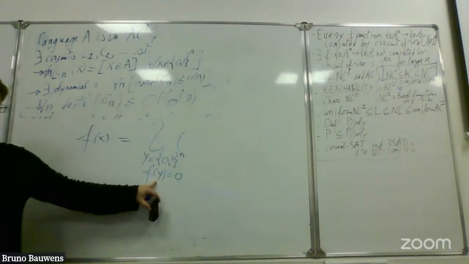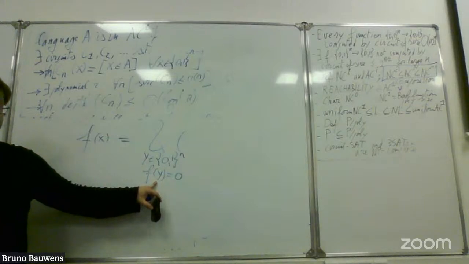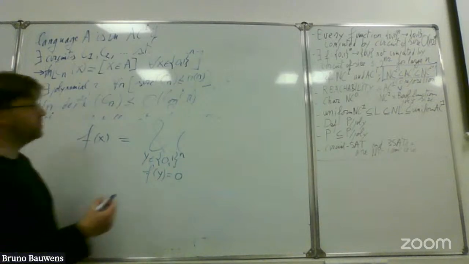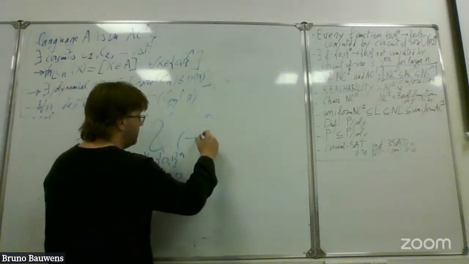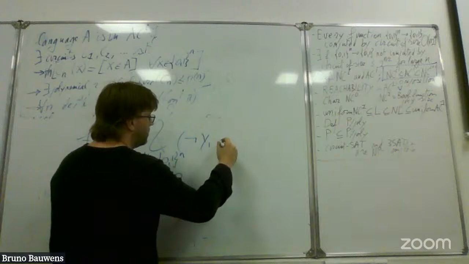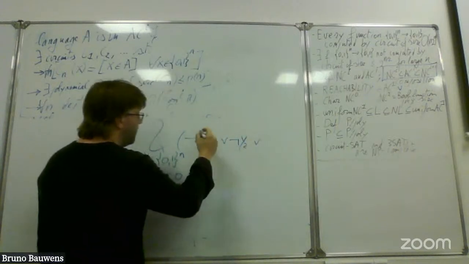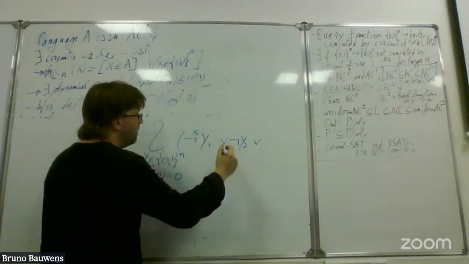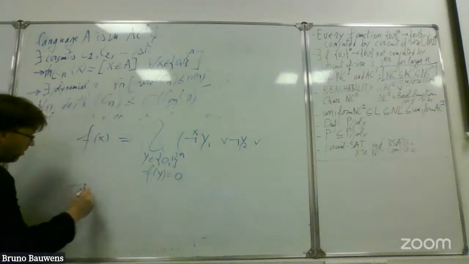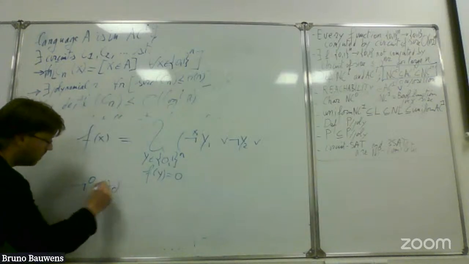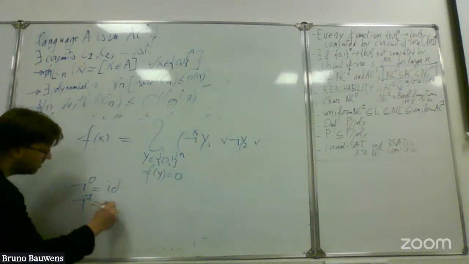And we can do it using a clause like in a CNF formula. The clause will be: the first bit, x1 to the power y1, OR x2 to the power y2, and so on, OR x_n to the power y_n. Let us say that x to the power 0 is the identity and x to the power 1 is negation.